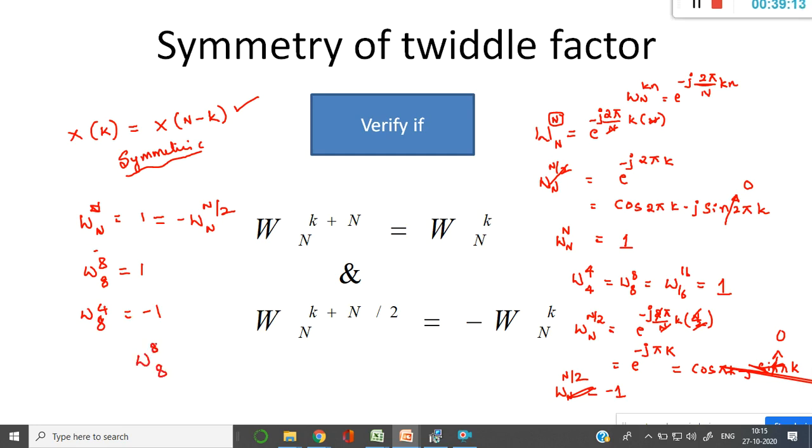Or else W8 to the power of 8 is equal to minus W8 to the power of 4. So this is how in the near future, if values like this exist, I will be transforming them in this form. If there exists a W16 to the power of 16, I may be writing this as minus W16 to the power of 8. So these are the simple modifications that we are going to do.